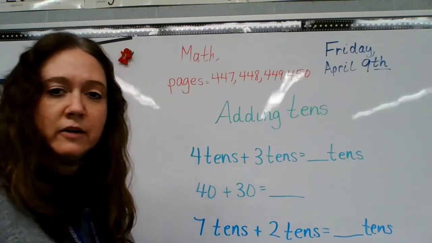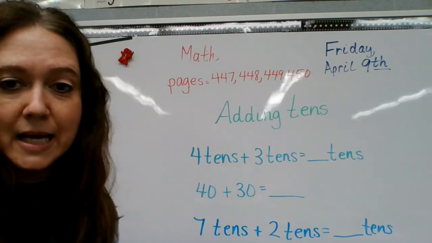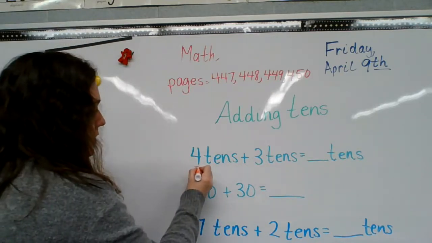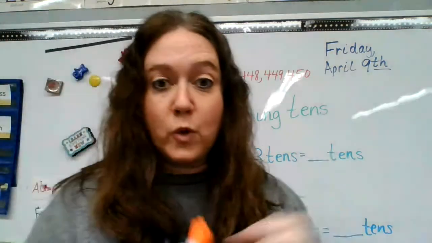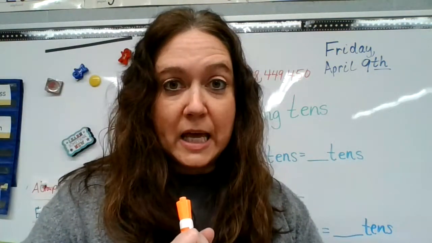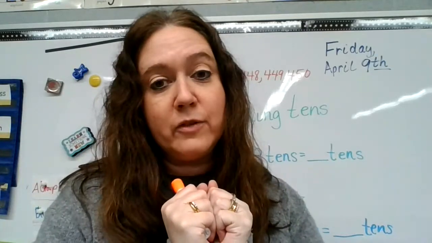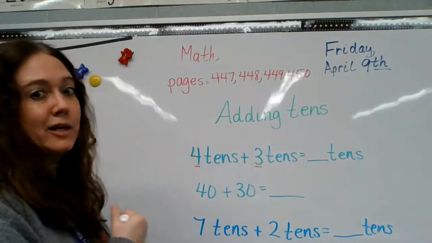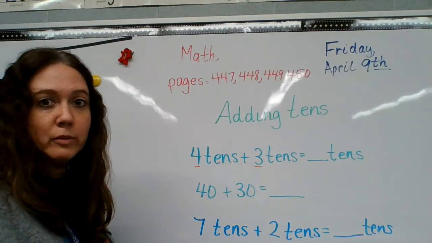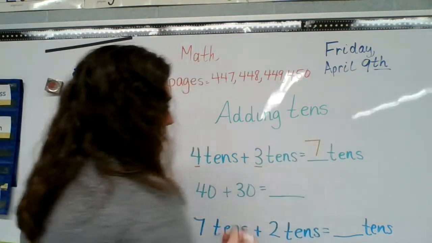So if we had 4 tens and 3 tens, so we're really just thinking about 4 plus 3. If I had 4 groups of 10 and 3 groups of 10, how many groups of 10 would I have? It's 4 plus 3. I hope you remember your addition. 4 plus 3 is 7 tens.